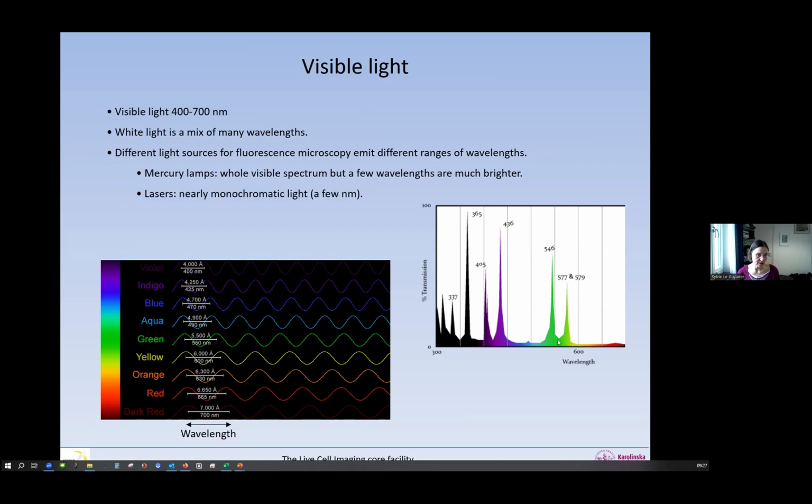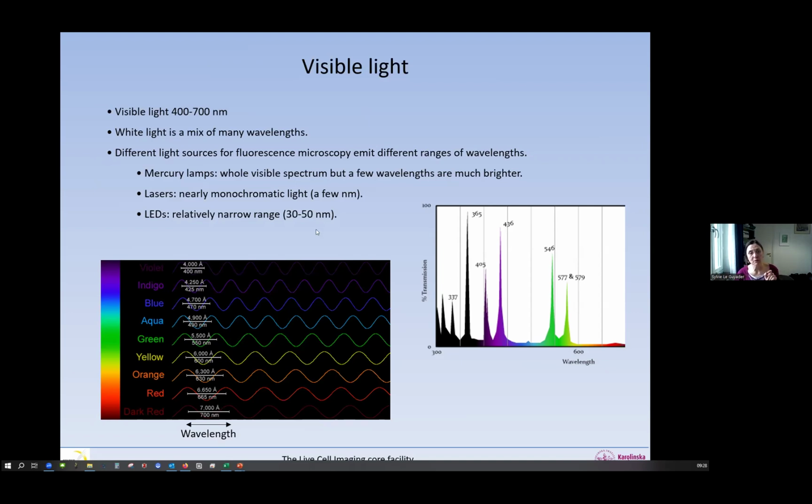If you use lasers, lasers are very monochromatic. So if we say a 488 nanometer laser, we will have only 2 or 3 nanometers before and after 488. So it's very monochromatic. LEDs have a range of wavelengths that is narrow and wide, if you want to say. They're going to emit sometimes 30, sometimes up to 60 nanometers.